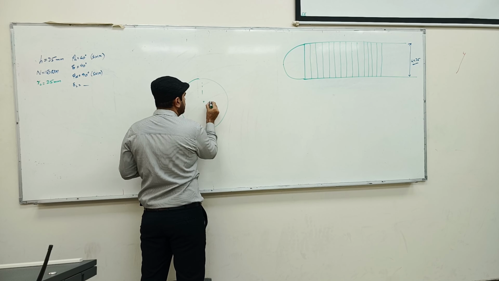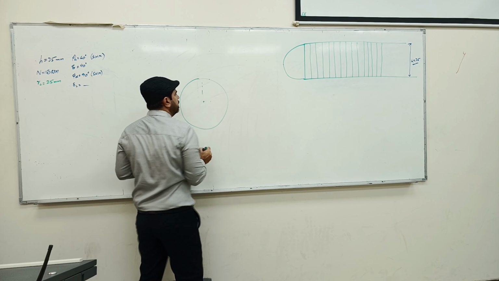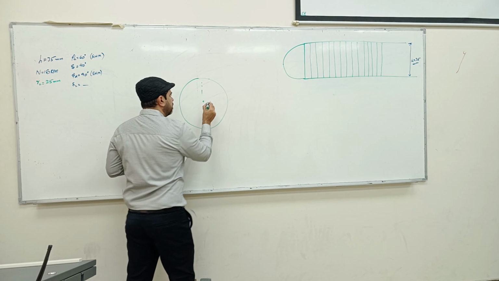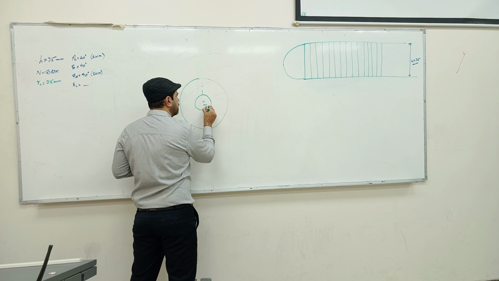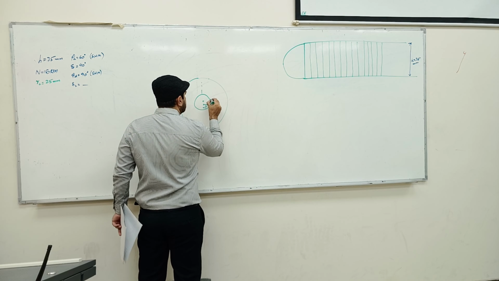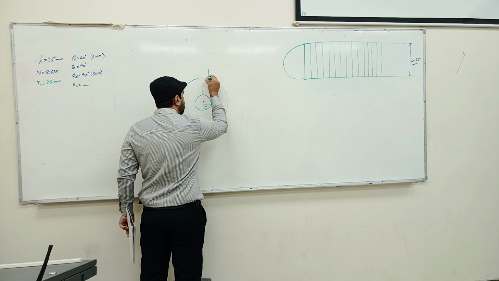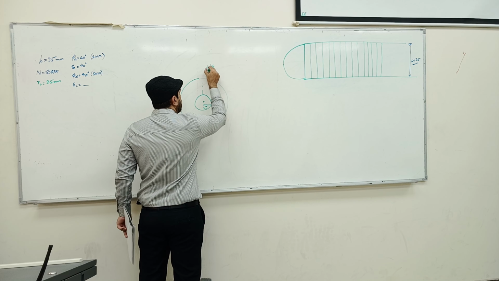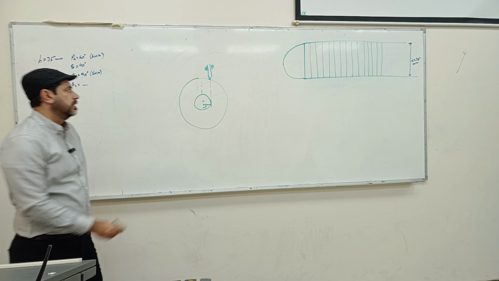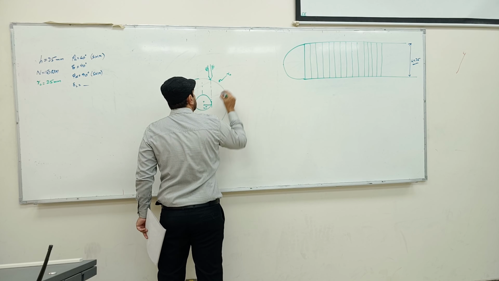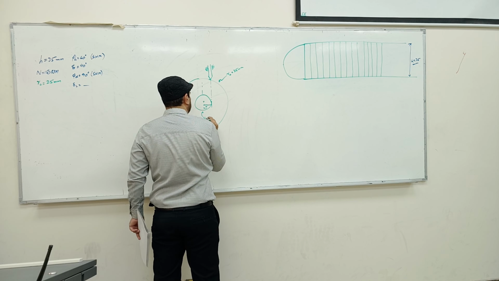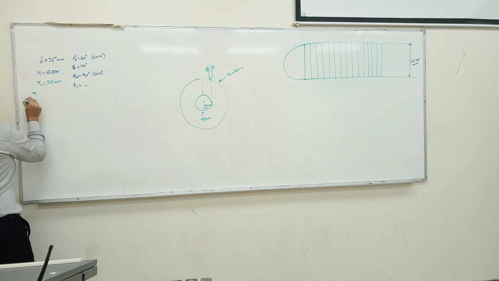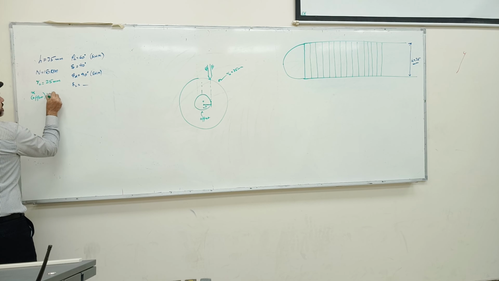This time the follower is 10 millimeter away from the center. So we are going to draw another circle, this one with a 10 millimeter radius, and we draw the knife edge follower here. This is the base circle radius, which is 25 in this case. It can be different, and this one is the offset, so we need to write it here: X, the offset or eccentricity, of 10.